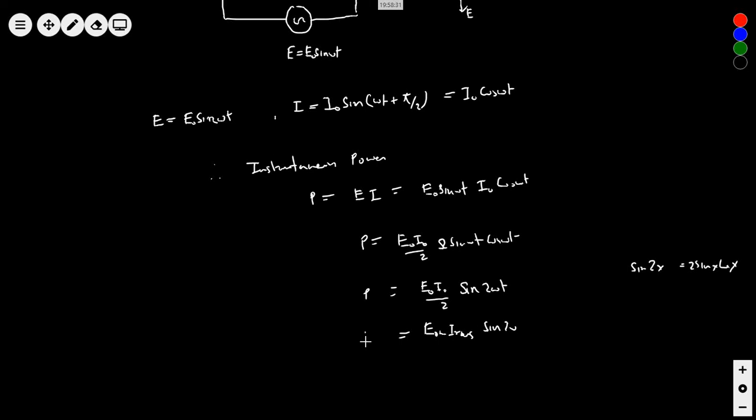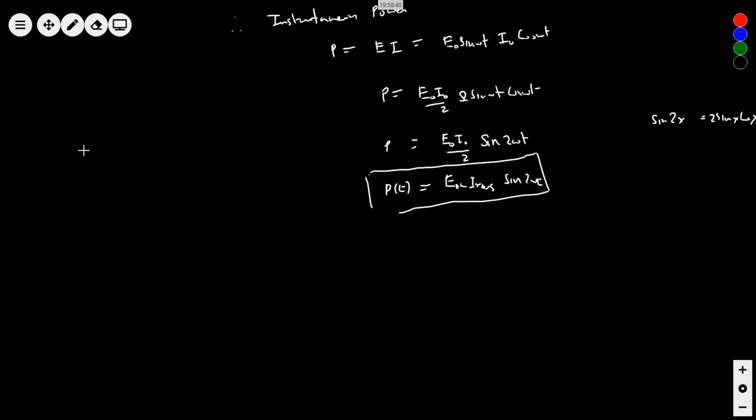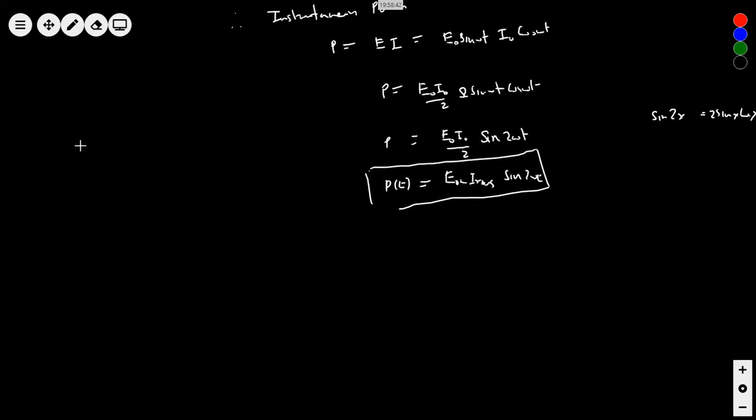You have to remember, this is instantaneous power, meaning power is a function of time. And what is average power? Average power is the power consumed in one cycle. How are we going to write it? Power would be equal to W by T, which you can write as 1 by T, integral from 0 to T of p dt.